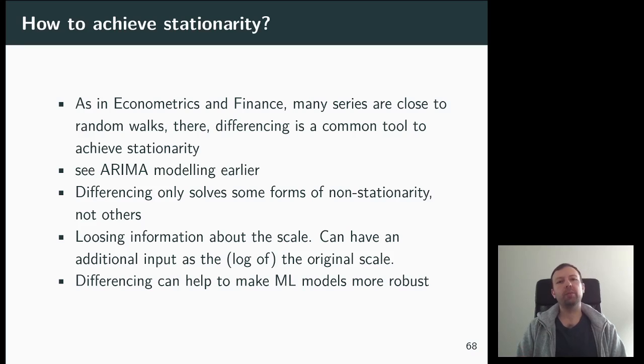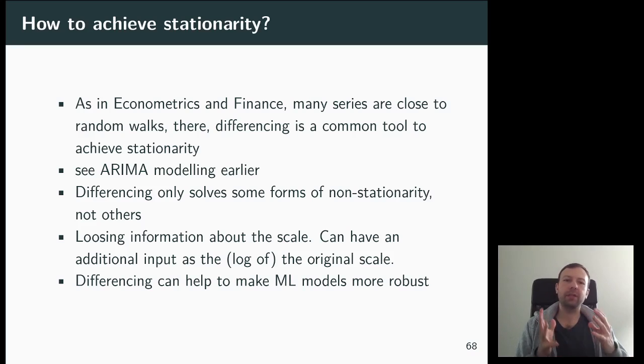So now how can you make a series stationary? Because in econometrics and finance, many series are actually close to the random walks we've seen before, differencing is a common tool to achieve stationarity. And we talked about differencing before in the ARIMA modeling. However, differencing only solves some forms of non-stationarity and not others.